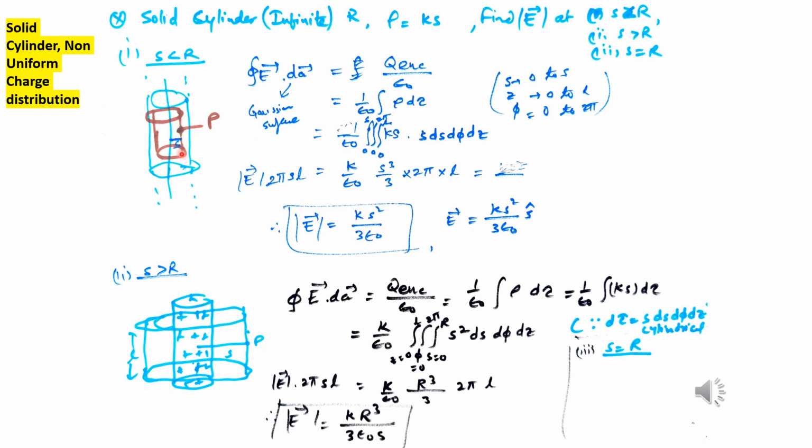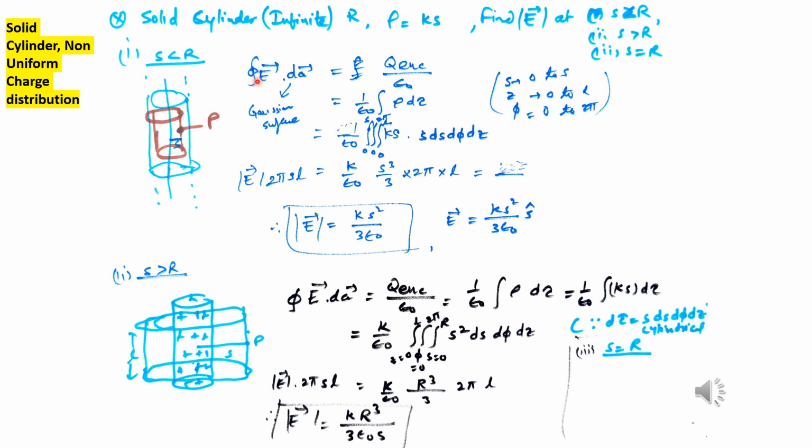So first we have to draw the Gaussian surface at a given point. Suppose point P is inside this cylinder. Here it is, a Gaussian cylinder at point P where we want to get the electric field. So use the Gauss law in integral form at the Gaussian surface.